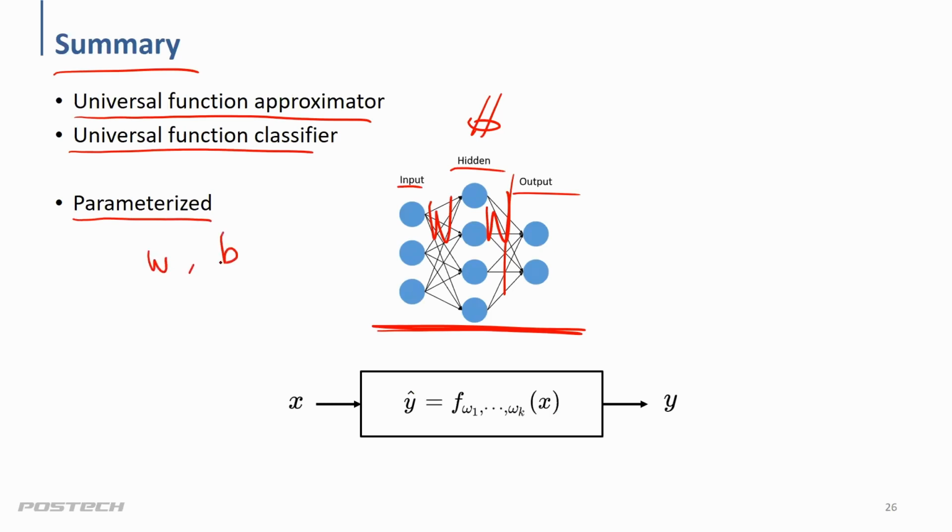Omegas, weights and biases are the parameter values, and we need to figure them out from the data. So an artificial neural net is nothing but inputs and outputs with a neural net parameterized by all the weights and biases.